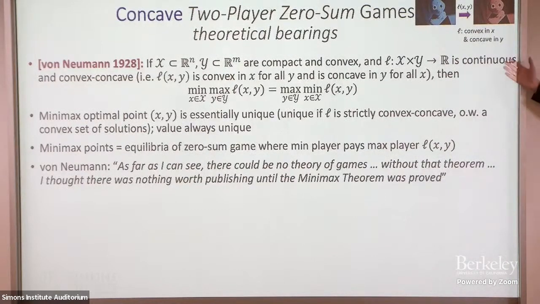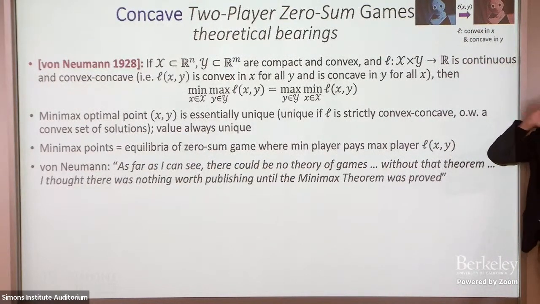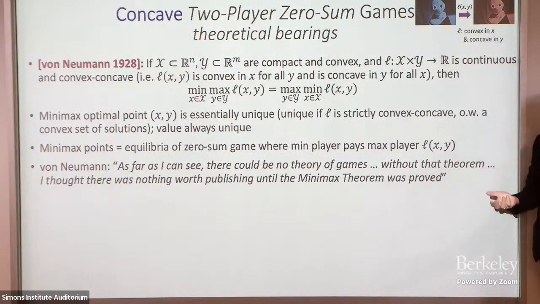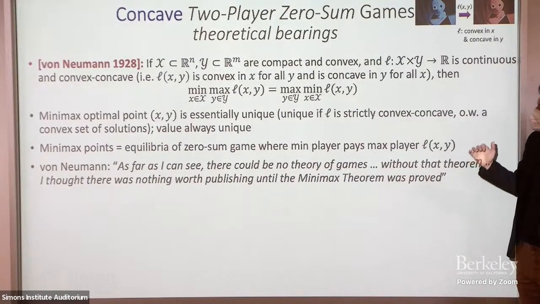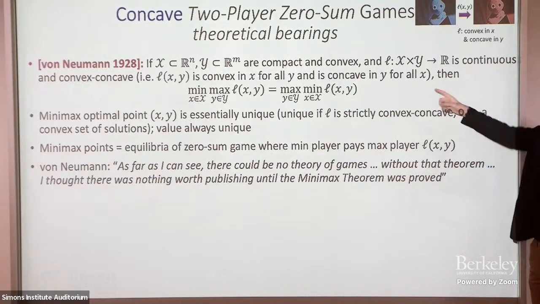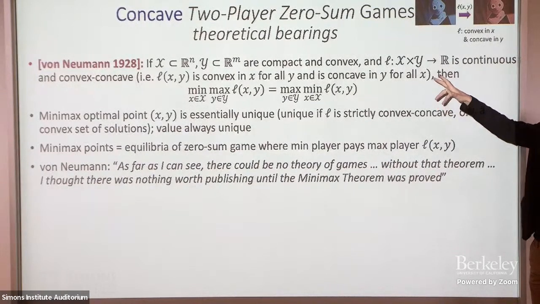All right, so this theorem was proven by von Neumann about 100 years ago. In fact, von Neumann was inspired by a paper by Emile Borel exactly 100 years ago, who showed this theorem for, I believe, games with up to 4 or 5 actions.